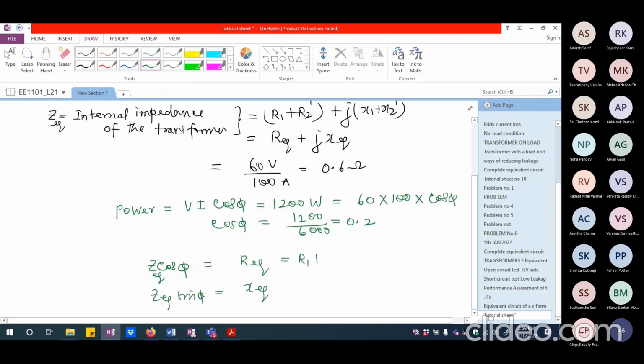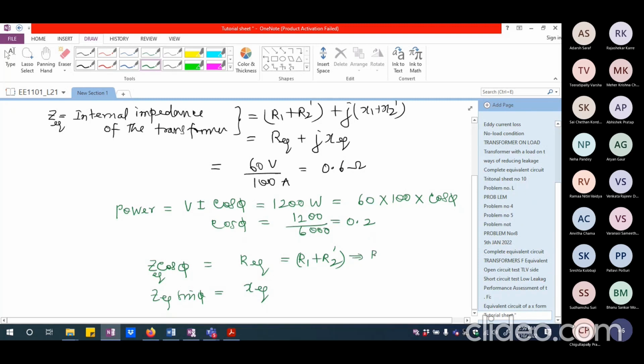This will be equal to R1 plus R2 dash. It is not possible for us to segregate R1 and R2 dash. Very often what you try to do is call R equivalent divided by 2 as R1, and similarly R equivalent divided by 2 also as R2 dash. We assume that both of them have almost similar resistance, which may not be the case all the time, but because we don't have a way of separating these two, we generally do that.